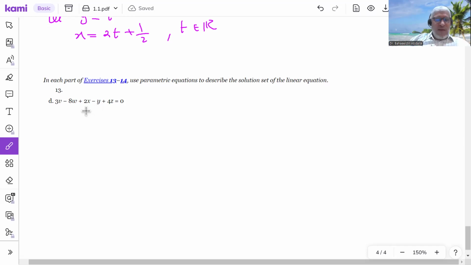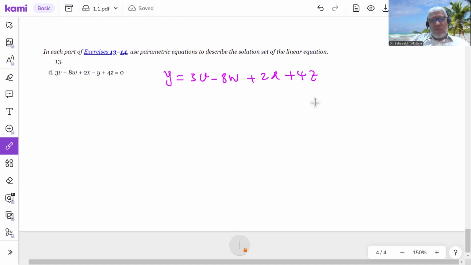I can solve it for v, for example, but it's easier for me to solve it for y here. So if you take y to the other side, then y would be equal to 3v minus 8w plus 2x plus 4z.